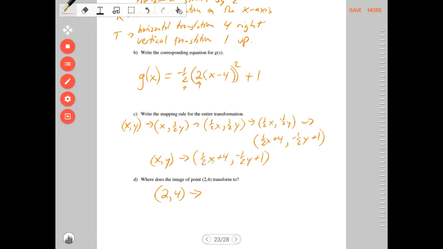So 1/2 times 2 is 1, plus 4 is 5. So that point moves to 5, and then the y coordinate, negative 1/2 times 4 is -2, and -2 plus 1 is -1. So the point 2, 4 goes to 5, -1. Awesome.